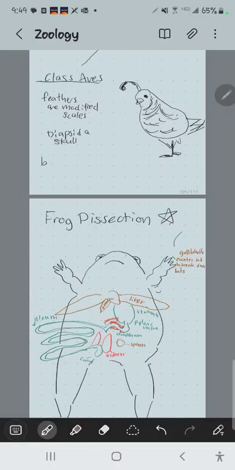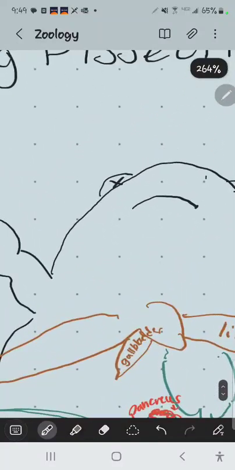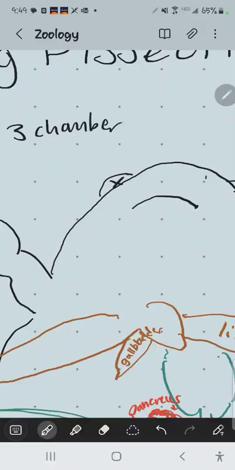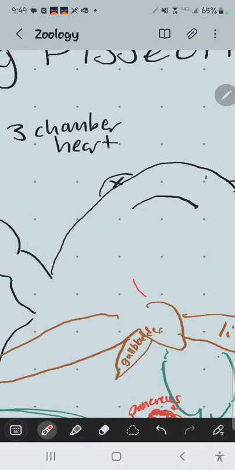All right, let's move up to the heart structure. In this case, we have a 3-chamber heart. The heart is located here, and the ventricle is the same, but the heart is what could be described as a 3-chamber design. We have a ventricle.